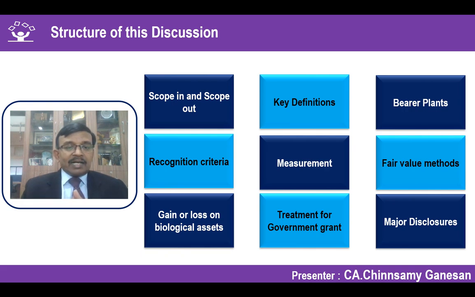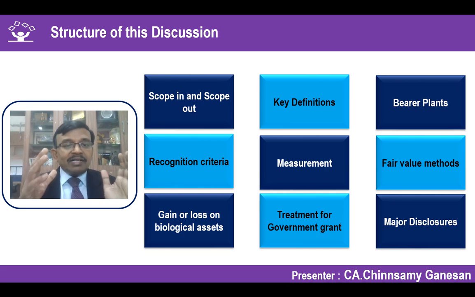And moreover, agriculture may be a seasonal activity. For example, coffee plantation is a seasonal activity, whereas tea can be produced during the entire period. So when coffee plantation is having one type of issue, tea plantation will have a different type of issue.